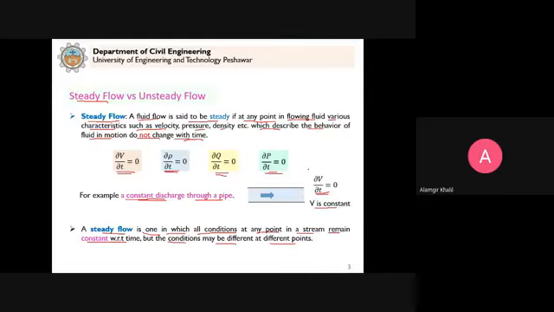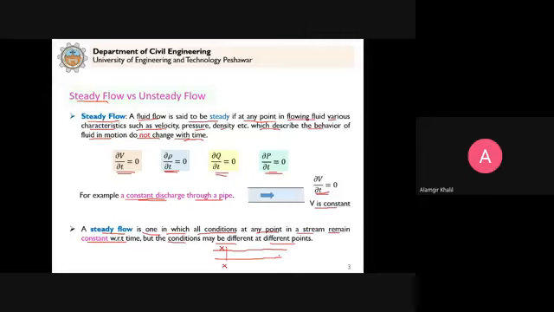Consider a pipe, or for example a natural stream or river. If you take one cross section, let's say XX, at this point you have a discharge. This discharge is the same with respect to time. So we have steady flow here.